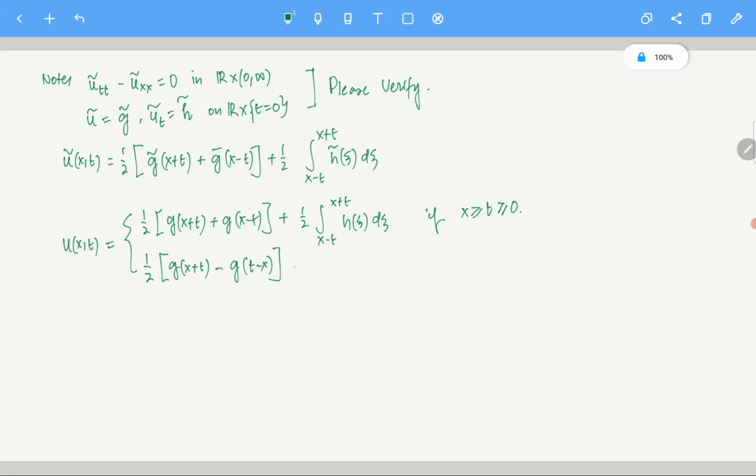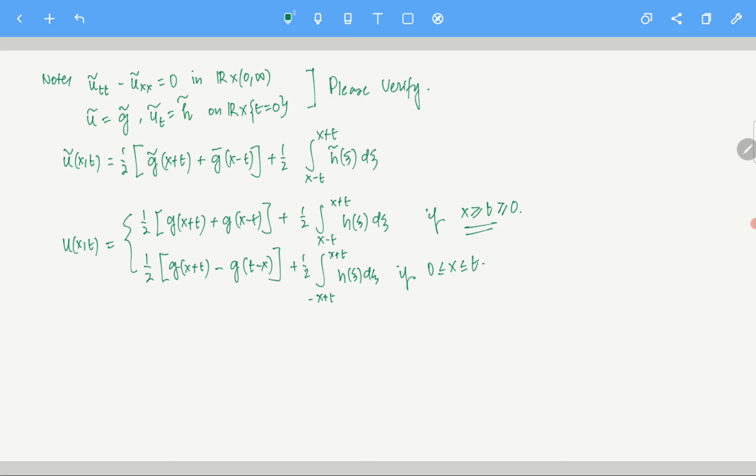So it gets plus half the integral from minus x plus t to x plus t of h of xi d xi, if 0 is less than x less than t. For x greater than t, this is the case. For x less than t but greater than or equal to 0, this is the case.